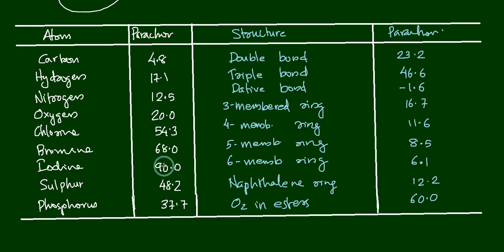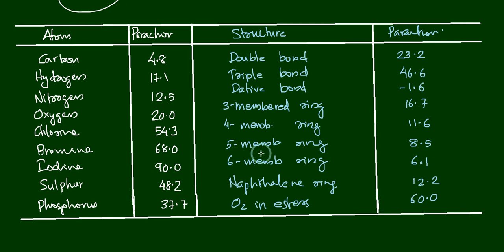And I have also given the structural Parachors for double bond, triple bond, dative bond. You can look at the double bond, 23.2. A three-membered ring will contribute 16.7, a four-membered ring 11.6, and a six-membered ring 6.1. For example, if there is a benzene ring, that ring will contribute 6.1 to the total Parachor. Naphthalene ring 12.2, like that.